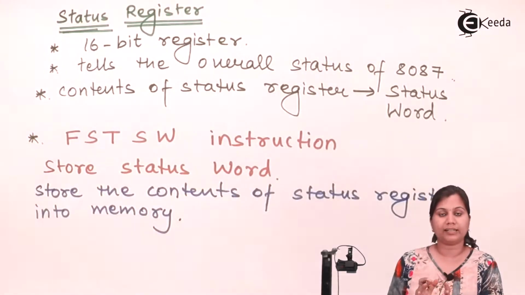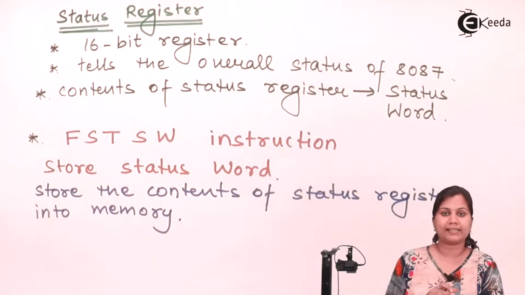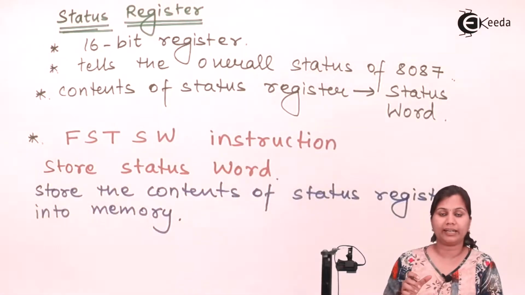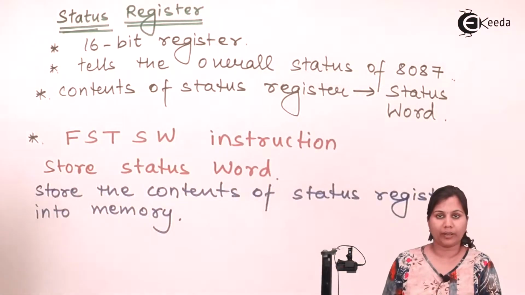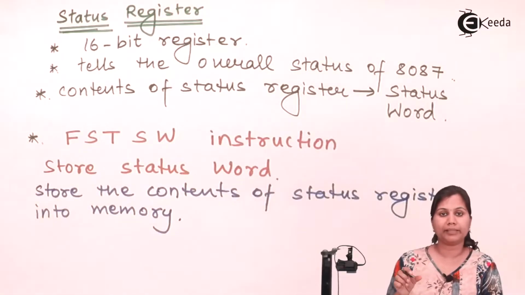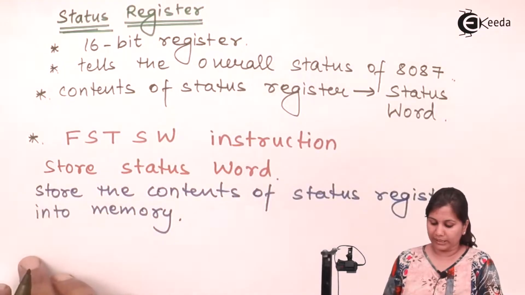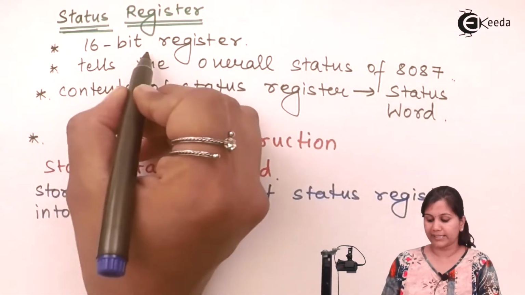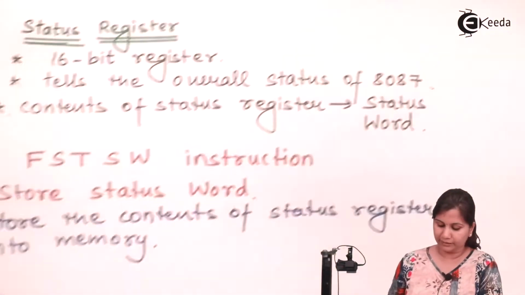When these contents are stored in memory, then by accessing that memory location we can get the overall status of the 8087 by examining the bits of the status register. Now let's see how the 16 bits of this status register are specified.